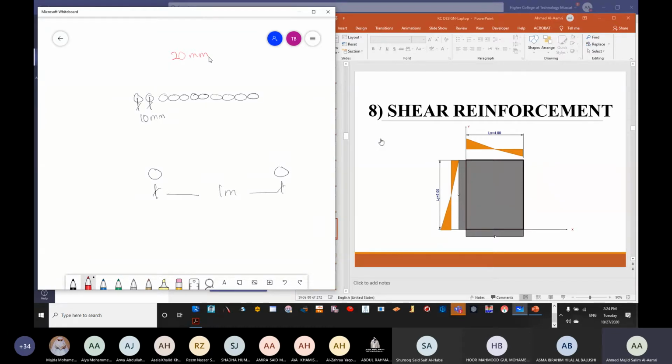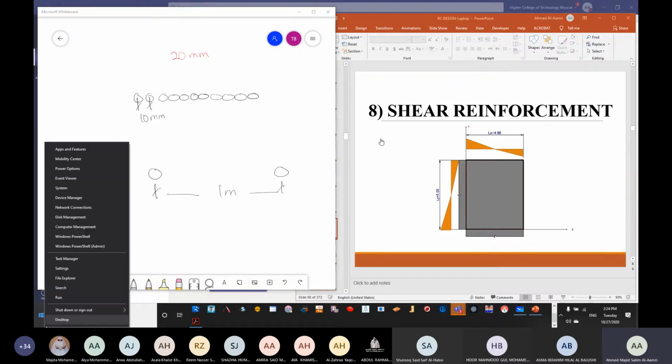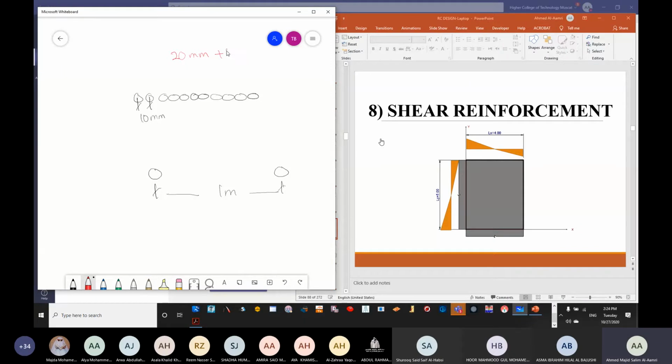If you remember in your mix design, you have used 10, 20, 5 mm gravel. So the maximum size of aggregate that we are using normally is 20 mm. Now 20 mm is the minimum, plus according to the code we need to keep 5 millimeter extra. It means between one bar to another bar you need to have a minimum clear distance of 30.